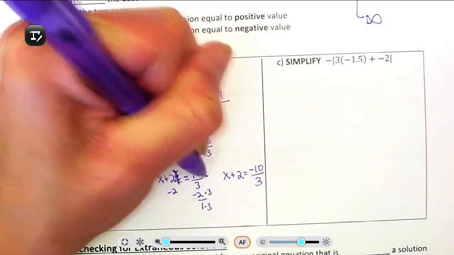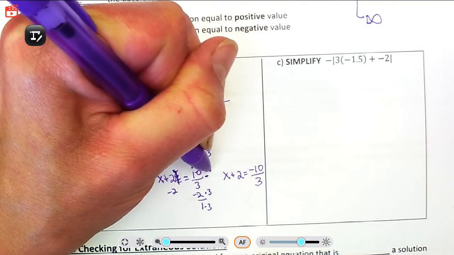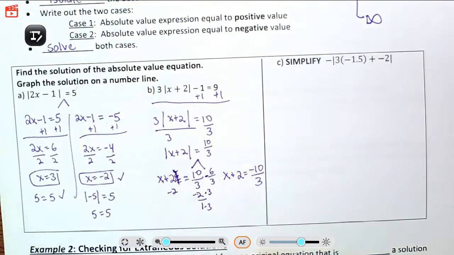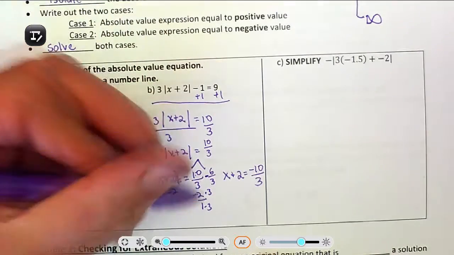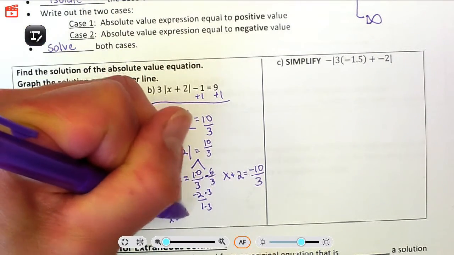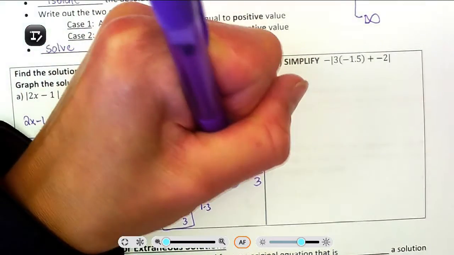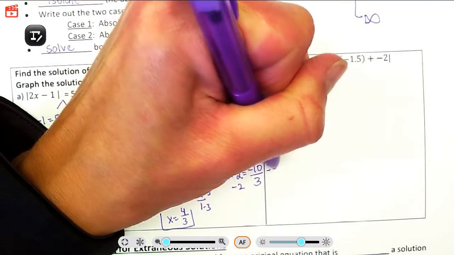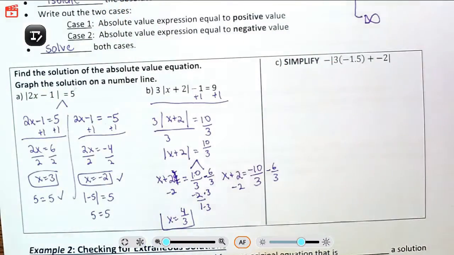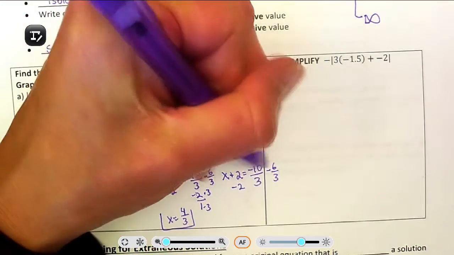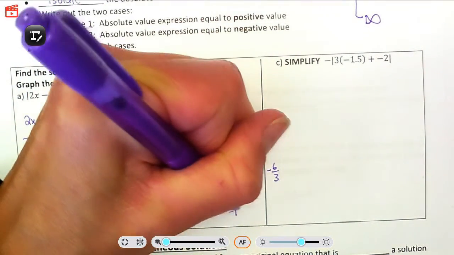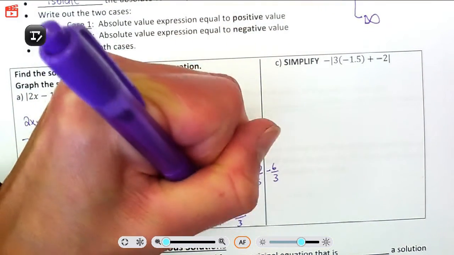So it's kind of like subtracting 2 times 3 is 6 thirds. 10 minus 6 is 4 thirds. All right, minus 2, which is the same as subtracting 6 thirds from before. Negative 10 minus 6 is negative 16 thirds.